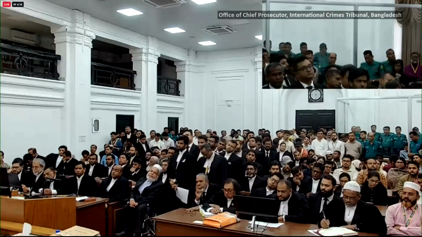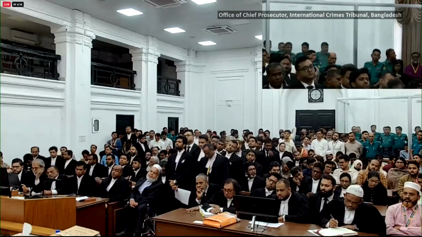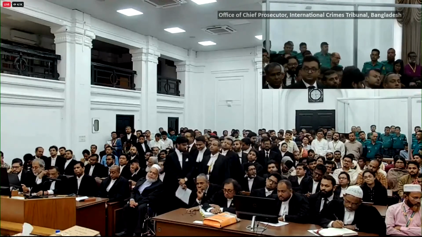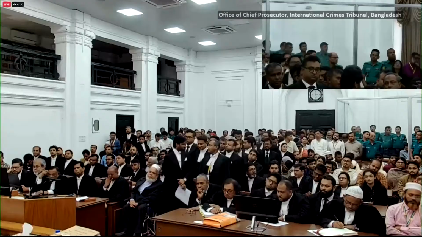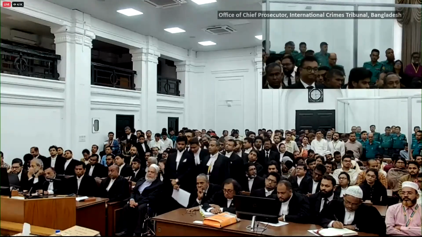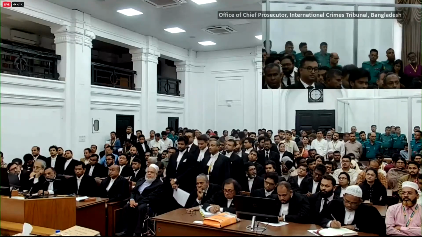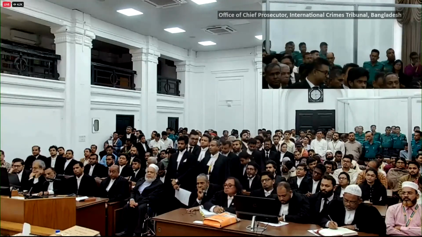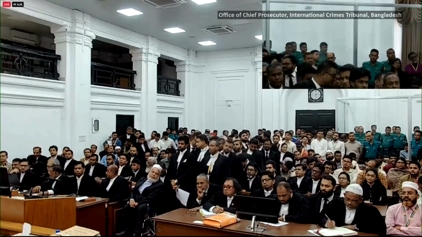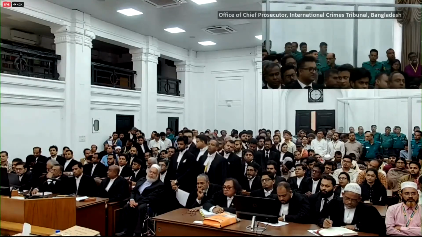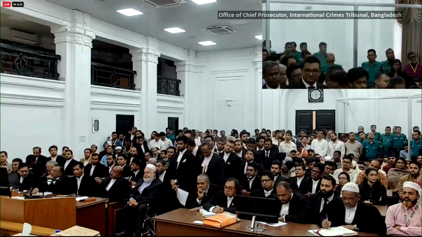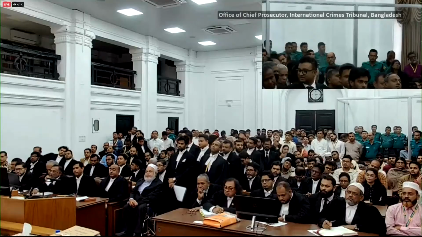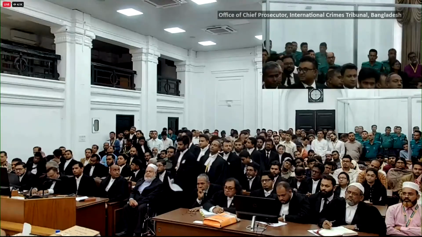Therefore, in all the above discussed atrocities, the elements constituting crime against humanity have been fulfilled. The victim witnesses, the other witnesses, and the investigating officer held the accused Prime Minister Sheikh Hasina, accused Home Minister Asadujjaman Khan Kamal, and accused Inspector General of Police Chaudhary Abdullah Al Mamun liable for the atrocities.